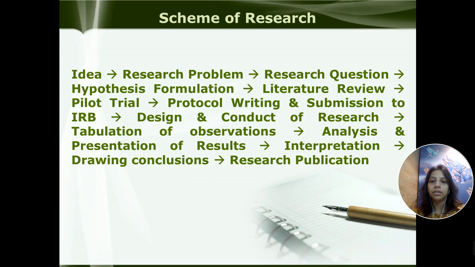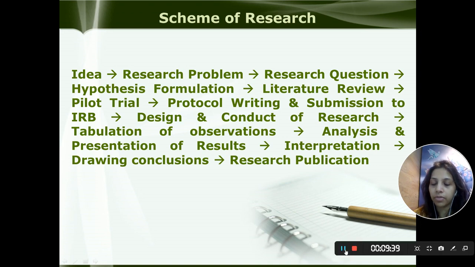So what exactly is the scheme of research, or what are the different steps involved in a particular research? First is the idea. Obviously the first thing is some idea has to strike the mind of the investigator. Then you frame the research problem, then you frame the research question, then you frame the hypothesis.